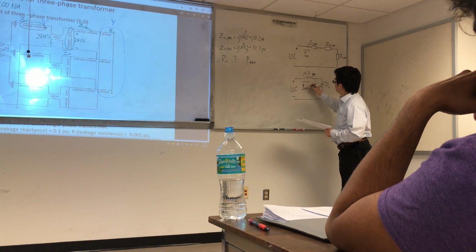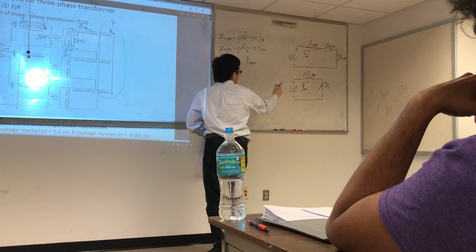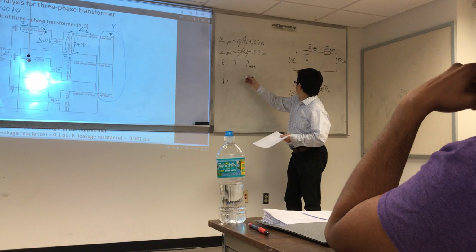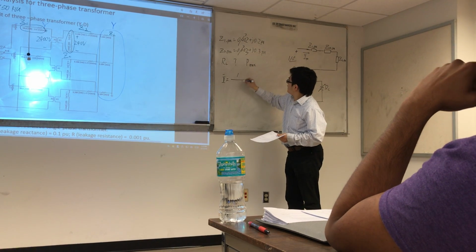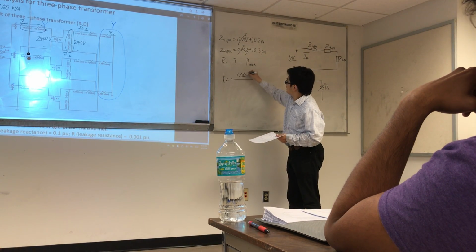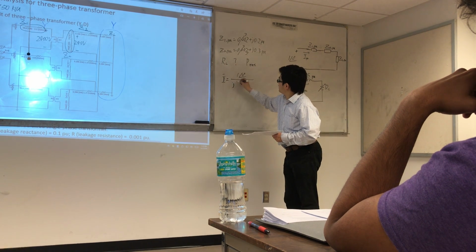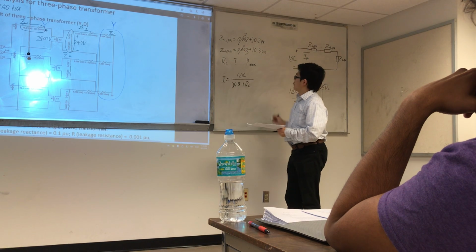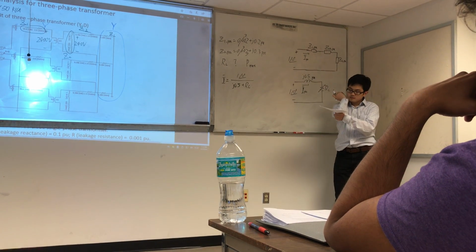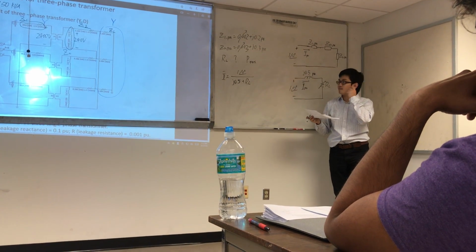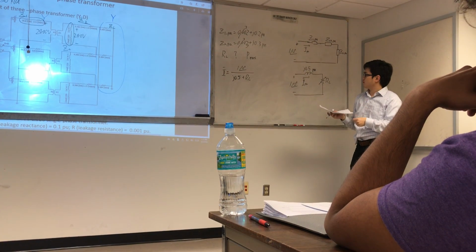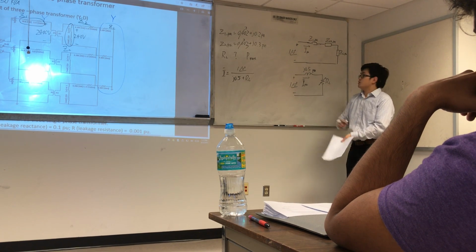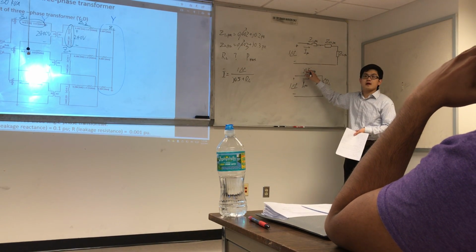Okay, so what's the current? Your current is 1 angle 0 degrees divided by j0.5 plus RL. Do you guys understand why here is 0.5 per unit?